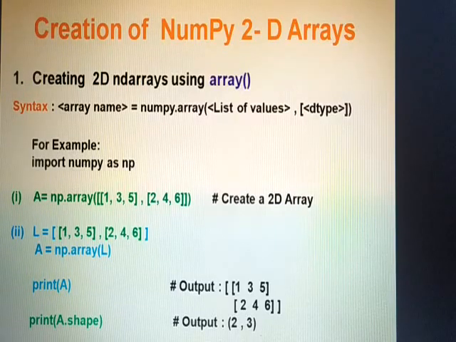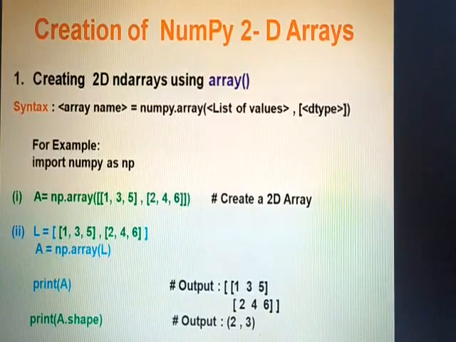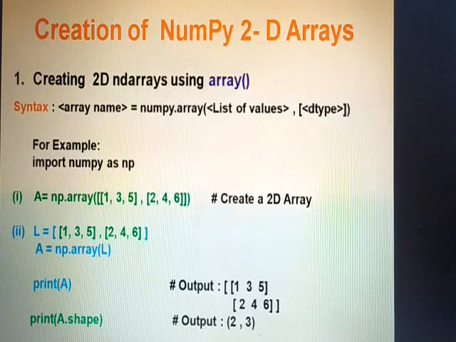That means a two-dimensional list means a nested list or nested tuple. While creating a one-dimensional array, you simply used the array function with a list or tuple. But for a two-dimensional array, you should use a two-dimensional list, that is a nested list or nested tuple.